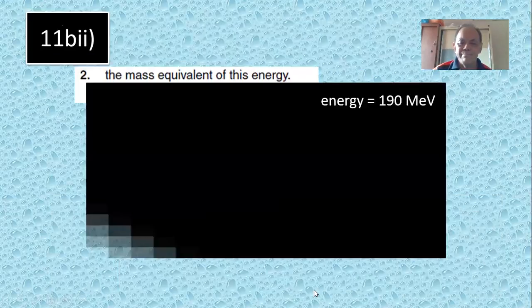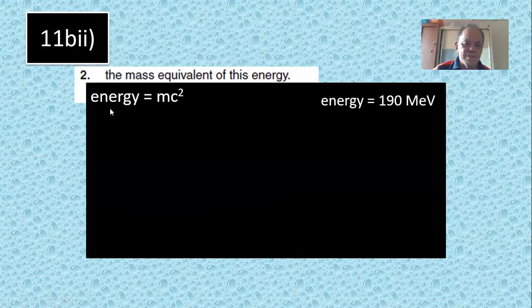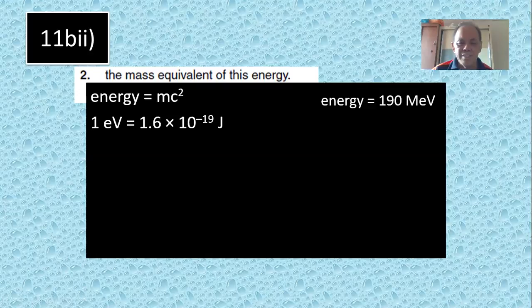Same as what we have calculated. They want you to use the formula. Remember, this is not given in the data sheet, but remember the definition of the electron volt: the energy required to accelerate an electron through 1 volt.